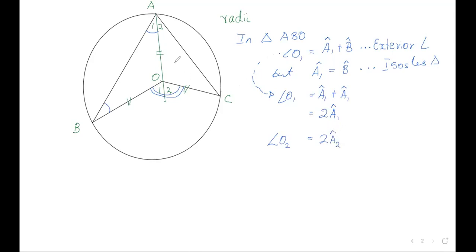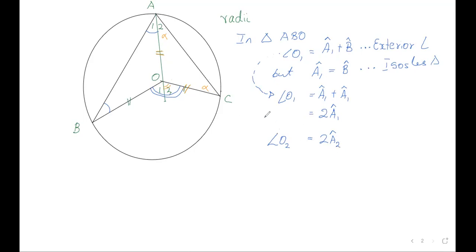The same reason that angle A2 is equal to angle C, reason isosceles. Again, in triangle AOC, angle O2 is outside a triangle, so it's equal to A2 plus angle C. Exterior angle of a triangle, the sum of the two interior opposite angles of a triangle.